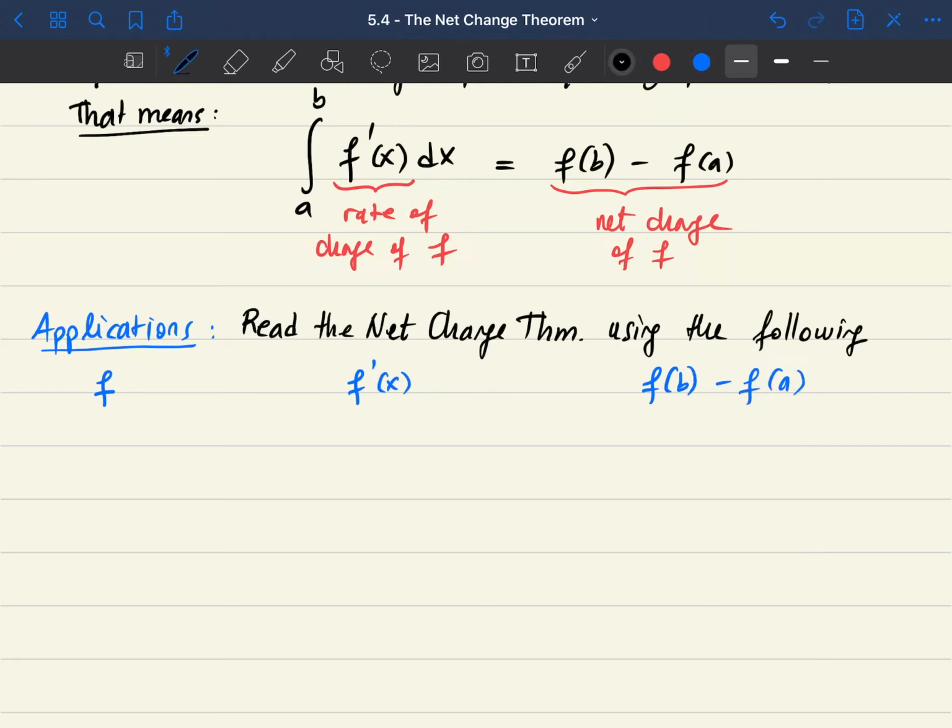So for example, the first thing I want to talk about is the following. So go back here. So the first example is position. So if f is position, excuse me, then the rate of change of position is velocity.